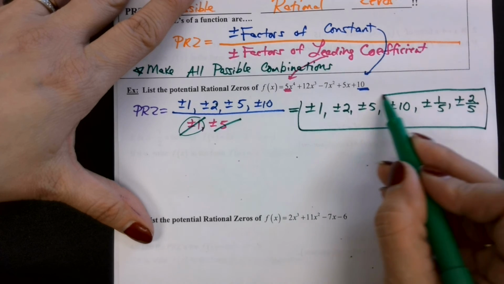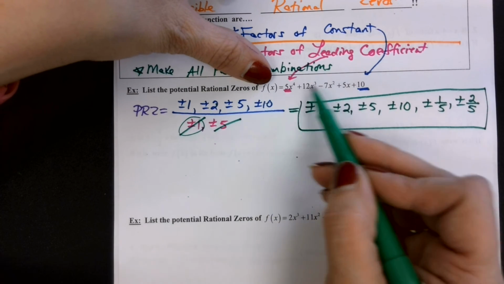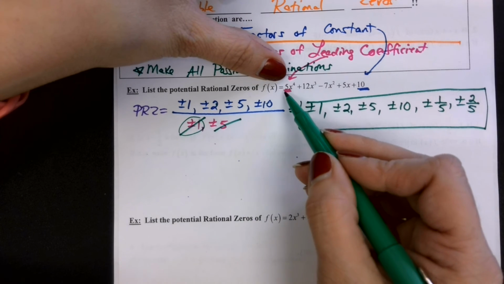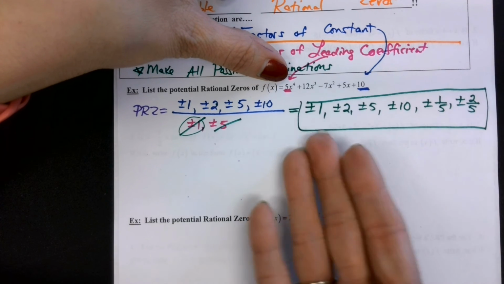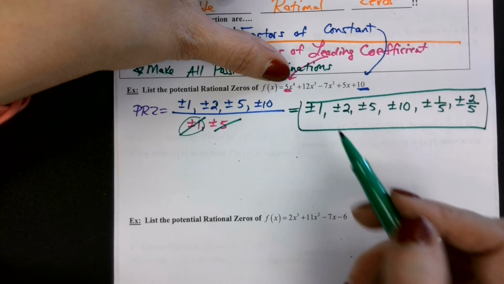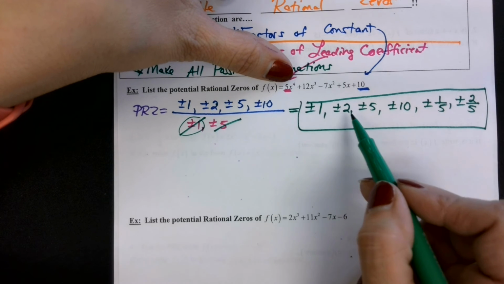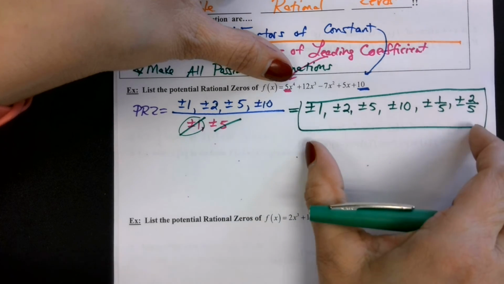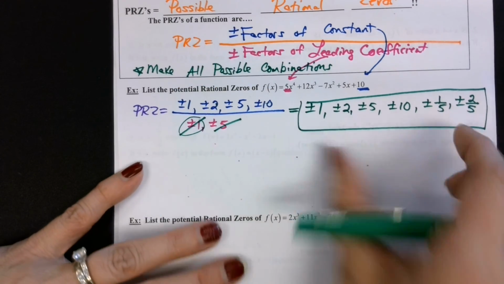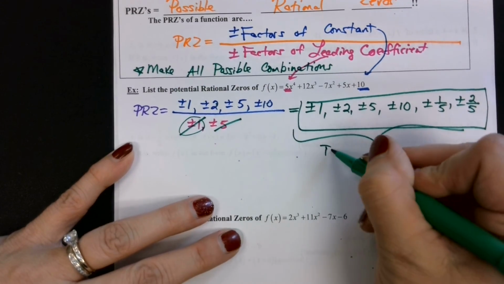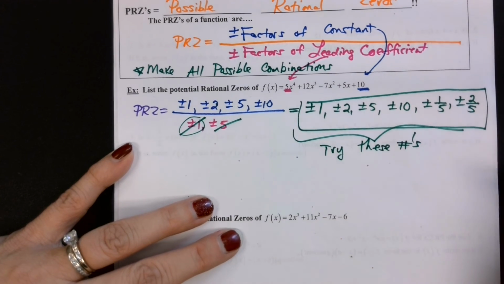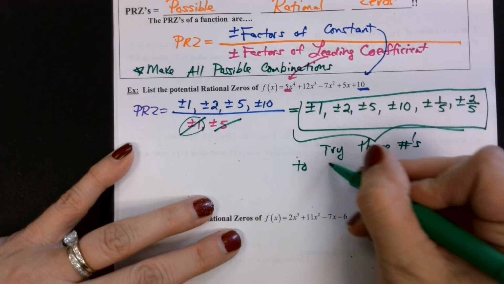So if I were to take this polynomial and start trying PRZs, should I try 3? No, 3 is not even in this list. 1 might work, 2 might work, or they might not work. But at least I have a smaller list of numbers to try. Try these numbers to see which ones work.